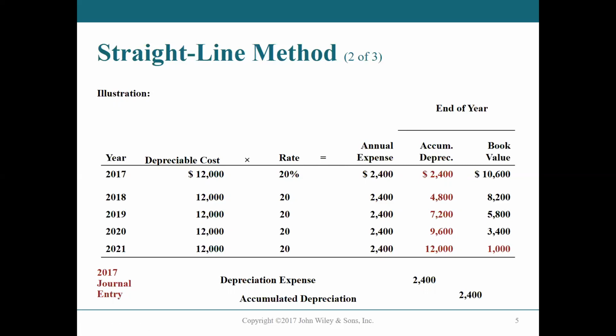The depreciation expense will be 20%, or 1/5, of the $12,000, so $2,400 a year. In the first year, we recognize the expense of $2,400, and our accumulated depreciation that year will be $2,400. Our book value will be the total cost, the $13,000, minus the accumulated depreciation.